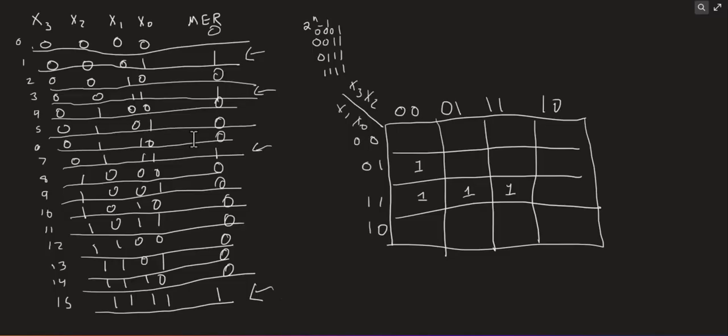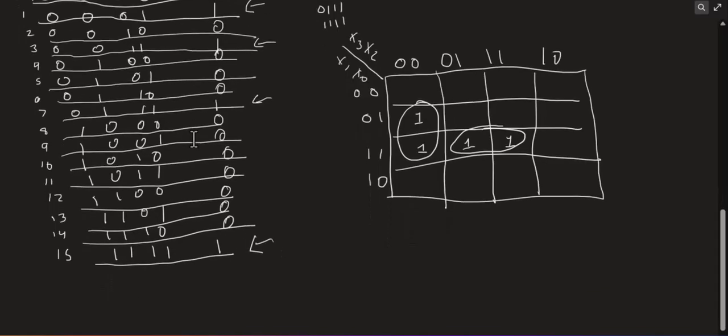Just group the 2 ones. Which group of 2 ones? The left side and the lower middle. Right here and right here? Yep, I think that's the best one. There are other ones you could do, but they're not going to be the most efficient, and you want to be the most efficient because you have to build this in the lab. You can put zeros in the other places if you want to, but I don't want to.